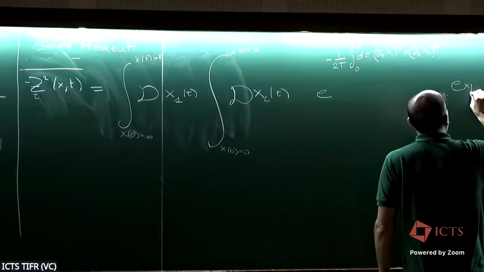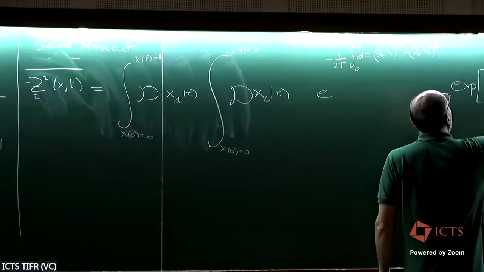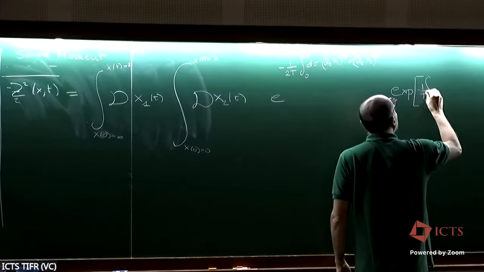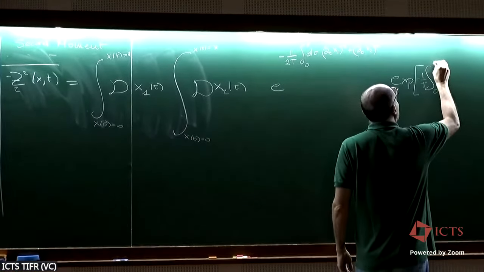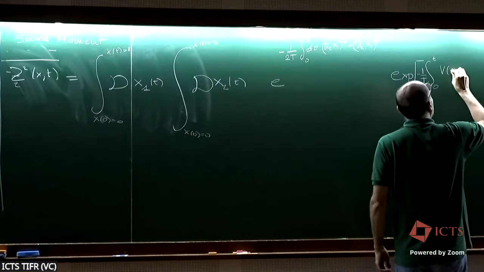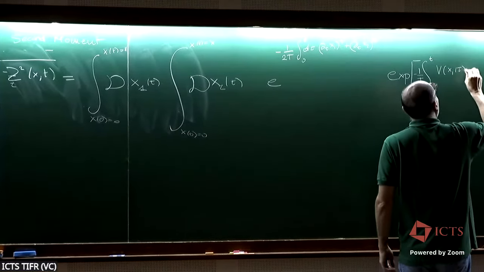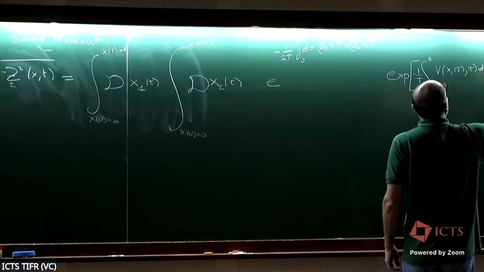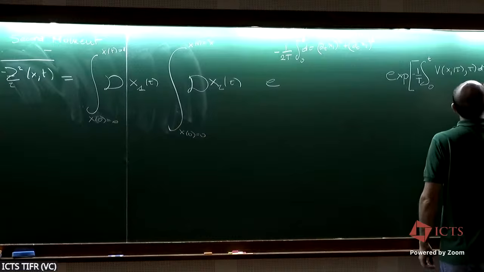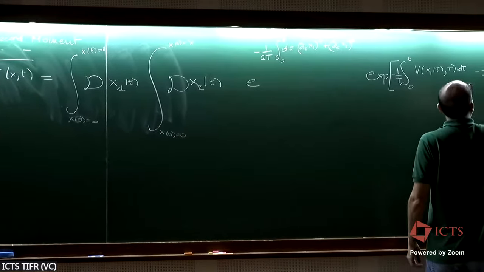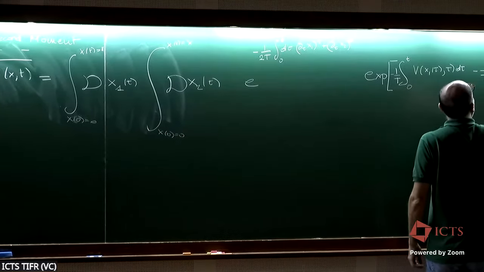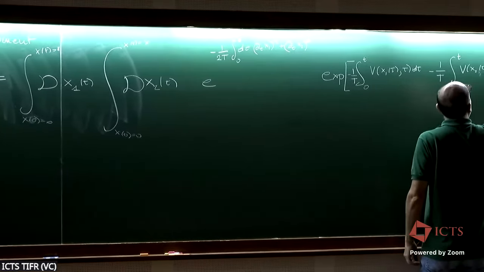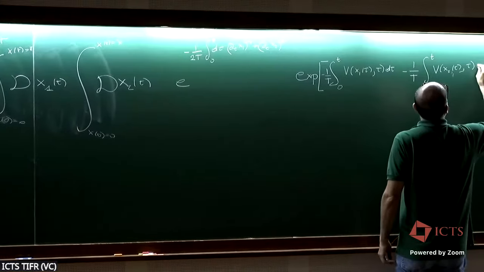So let me write it like this. We have the integral, so we have minus 1 over t, integral from 0 to t, v x1 tau d tau, minus 1 over t, integral from 0 to t, v x2 tau d tau.